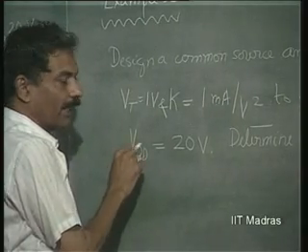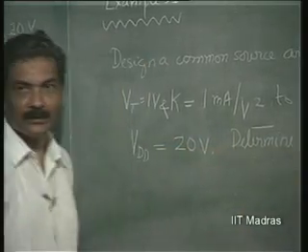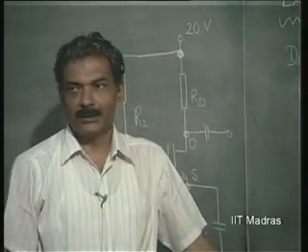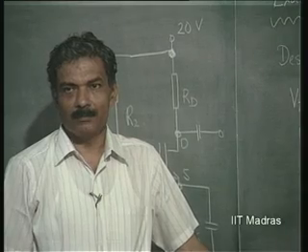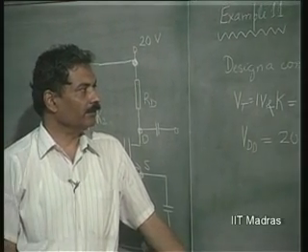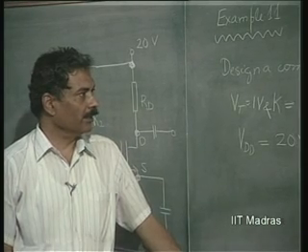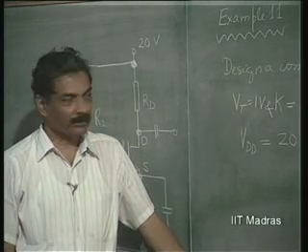VDD is given as equal to 20 volts. Determine its voltage gain. So, this is the problem. Let us see how we can go about designing this in a fairly simple manner without much difficulty.